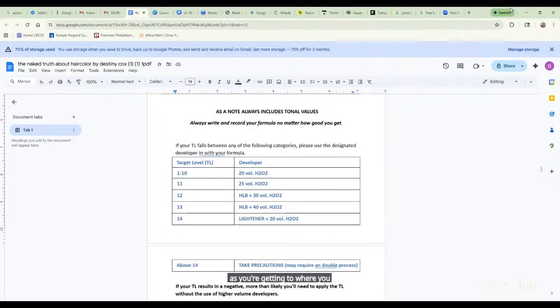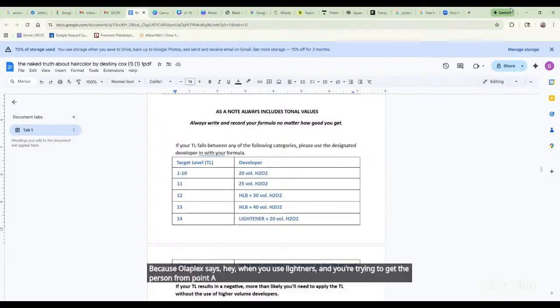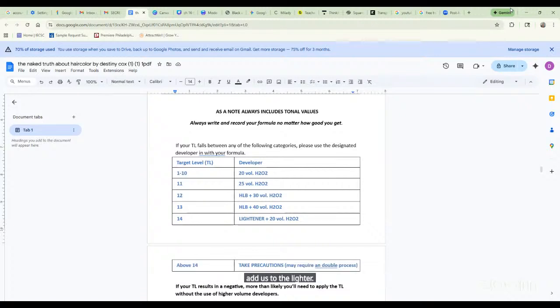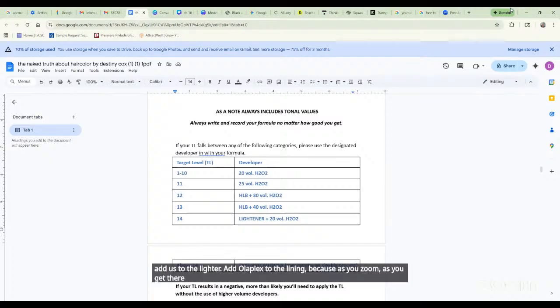This is why Olaplex was so important and it's been a success, because Olaplex says, hey, when you use lighteners and you're trying to get the person from point A to B to C and D, add us to the lighter. Add Olaplex to the lightening because as you zoom, as you get there, we can repair.